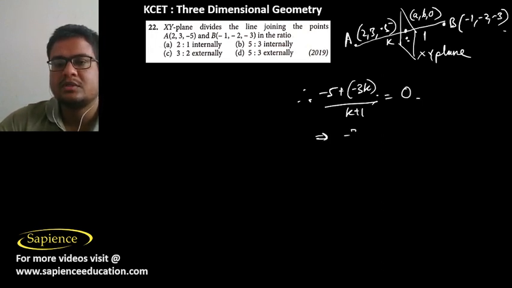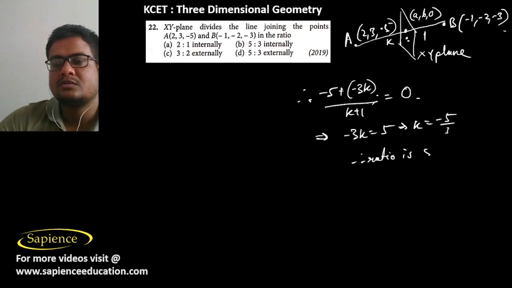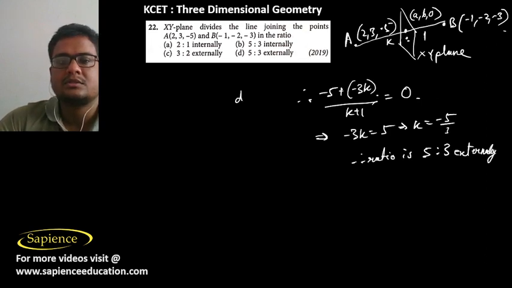Therefore minus 3k is equal to 5, so k is equal to minus 5 by 3. So the ratio is minus 5 is to 3, or I can say 5 is to 3 externally. Option D is the correct answer.